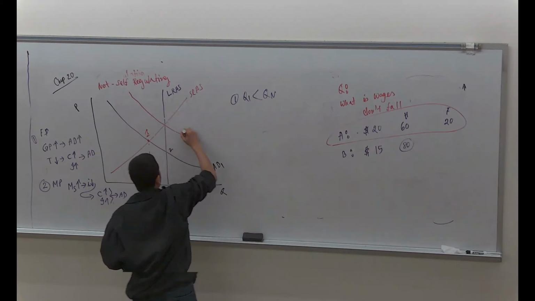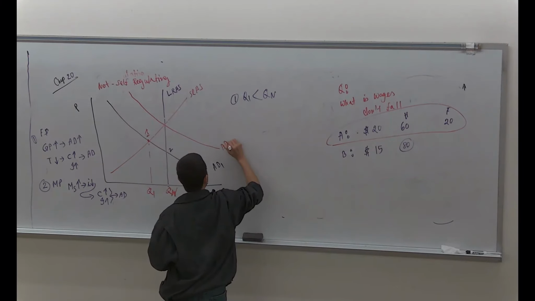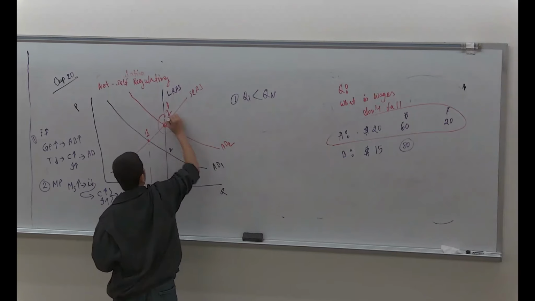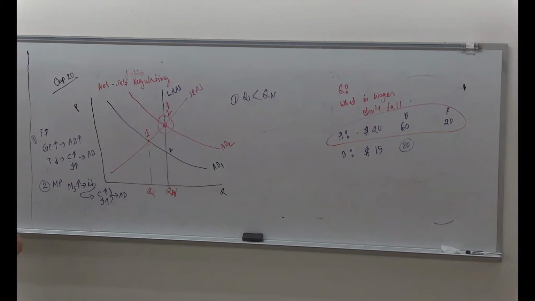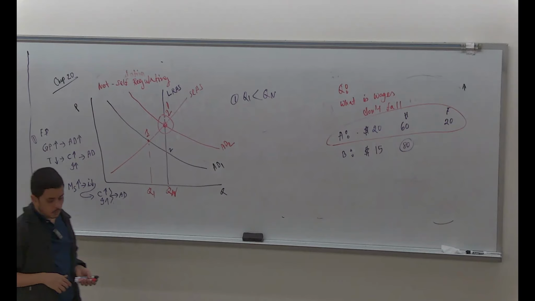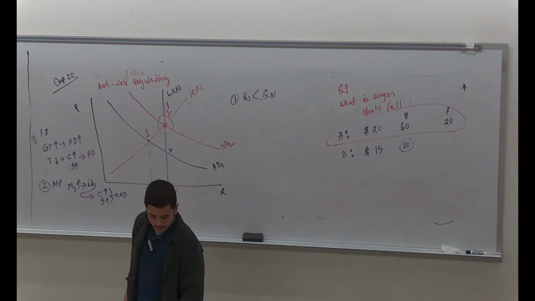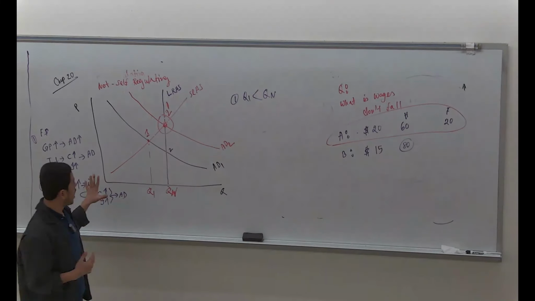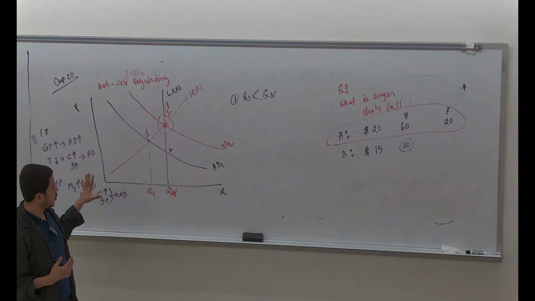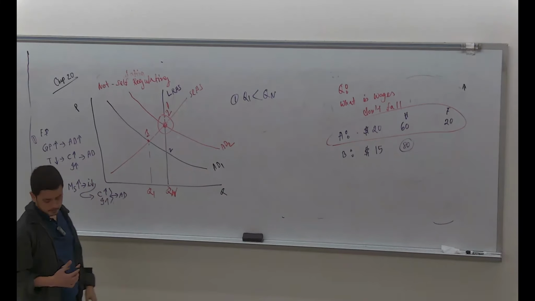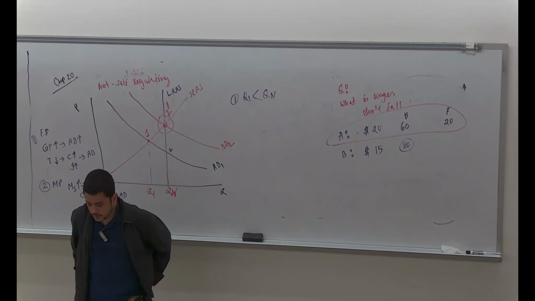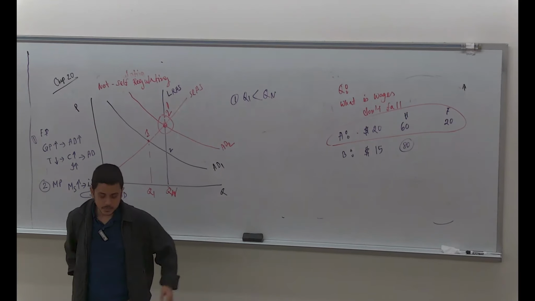Then aggregate demand shifts to AD2 here, and we come back to equilibrium. This is our equilibrium by using government policy. So in chapter 21 we learned how the government can shift aggregate demand, and we use the same concept to show the effect in this diagram. So this is all about chapter 21 and the ending of chapter 20.